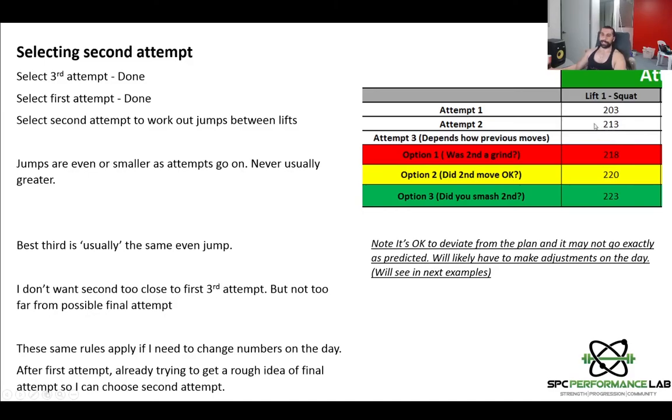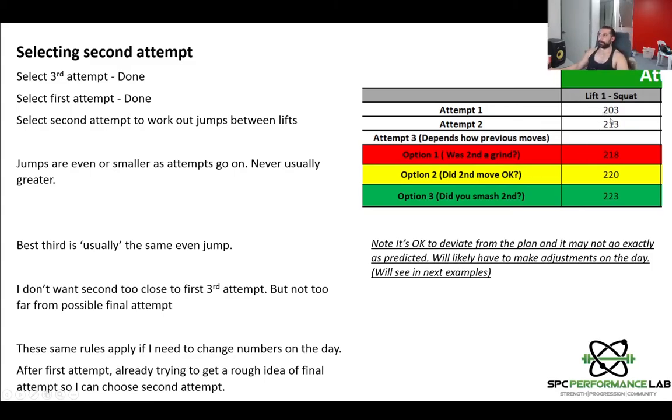But between the second attempt and the worst option, third attempt, is only a 5 kilo increase. So I wouldn't do 10 kilos between the first and second and then 15 kilos between the second and the third. As I said, it's always going to be the same, or if not, smaller.